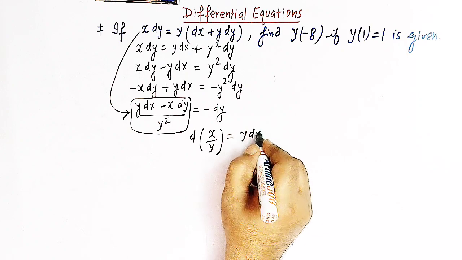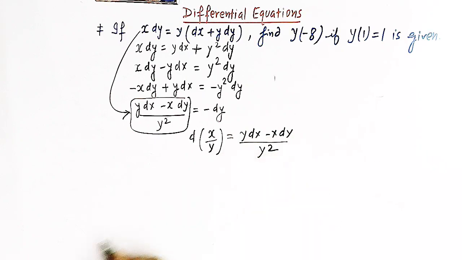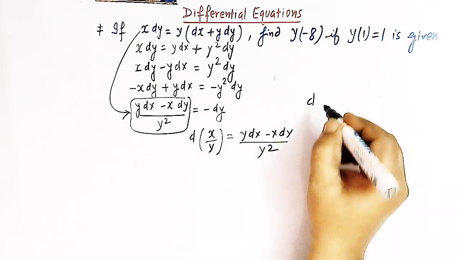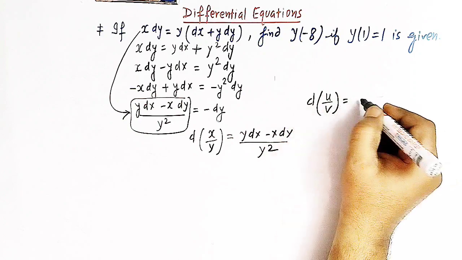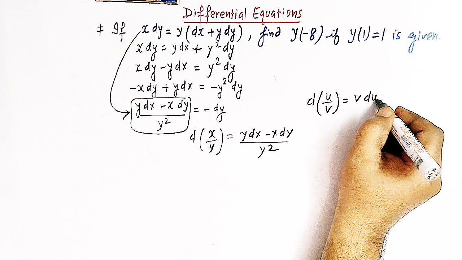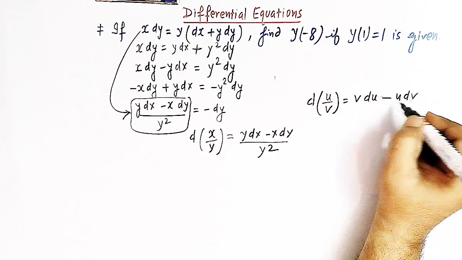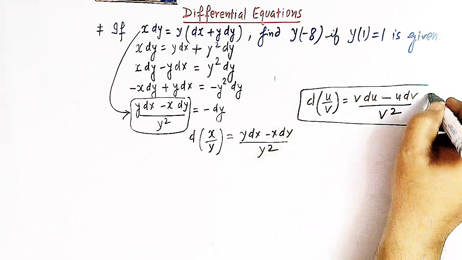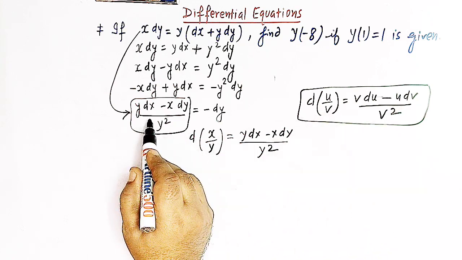So here we have y dx minus x dy over y square, because if we apply the quotient rule, that is d of u over v, then we have v du minus u dv over v square, right? So this is an important result which is used over here.